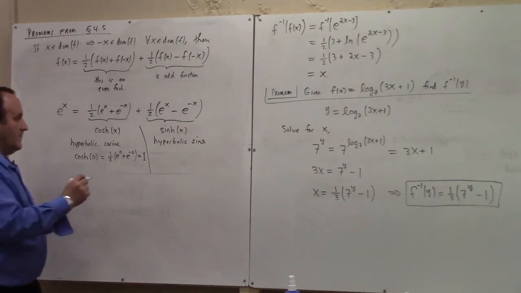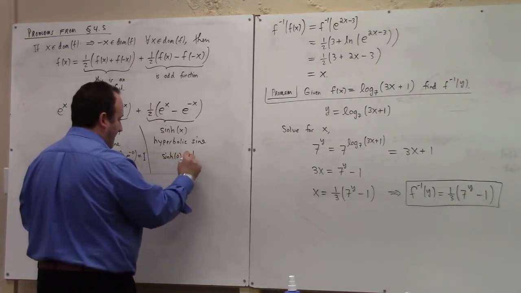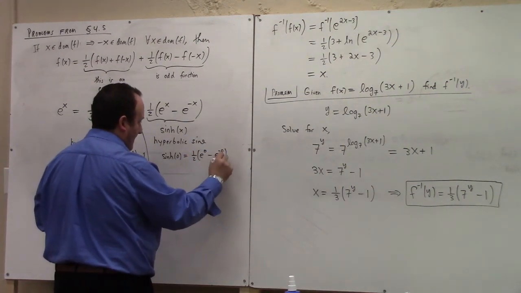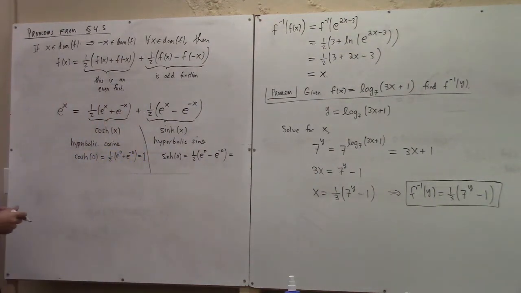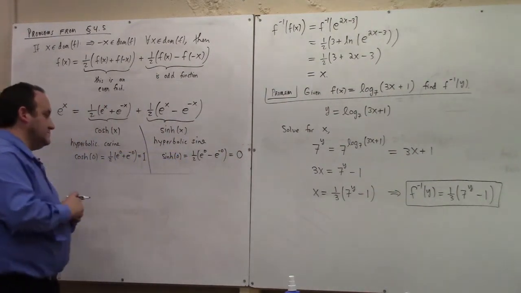What's sinh of 0? It's 1/2 of 1 minus 1. So sinh of 0 is 0.